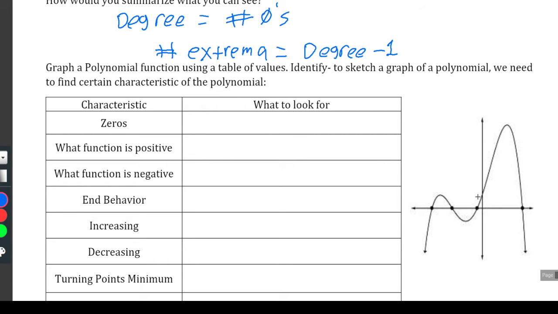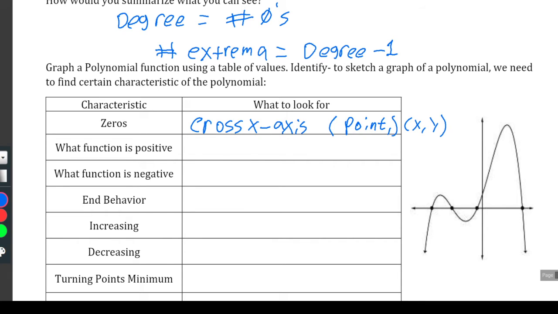So now we're just going to fill out this graph of what to look for when you're asked for a certain thing. So when you're asked for zeros, you want to see that it crosses the x-axis. And your answer is going to be a point. Points are usually in terms of an xy.